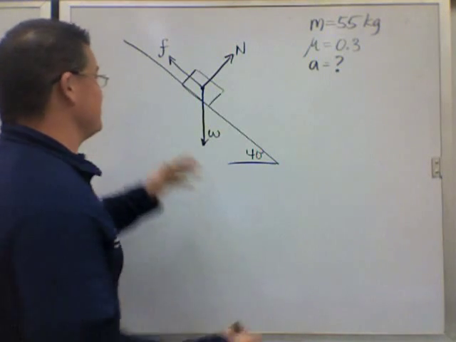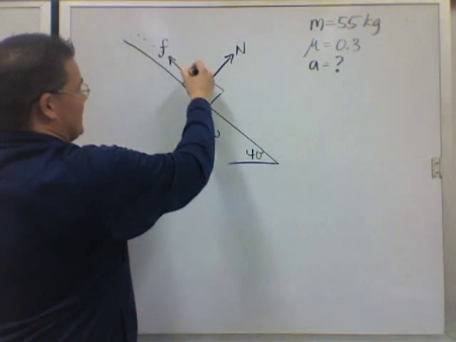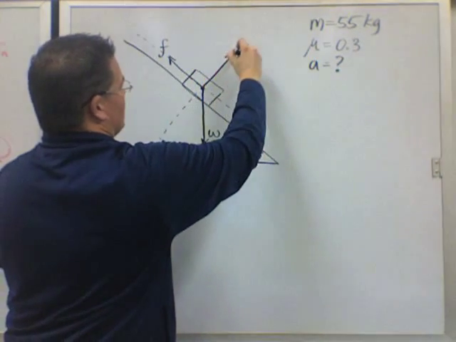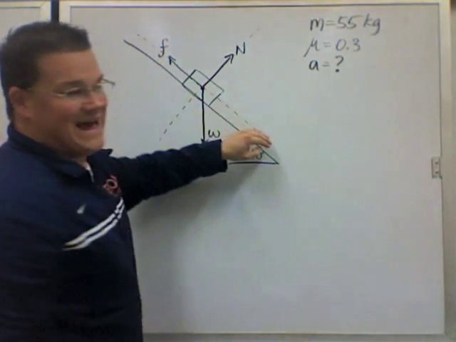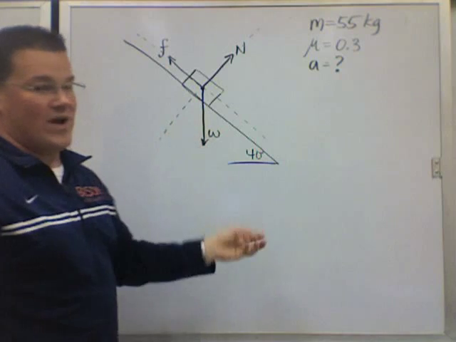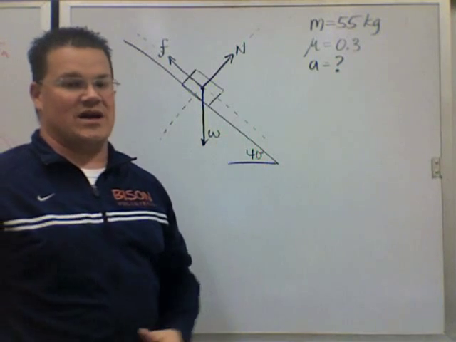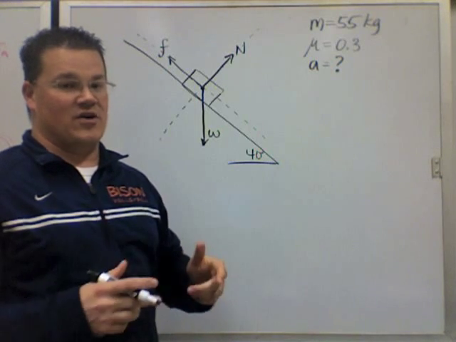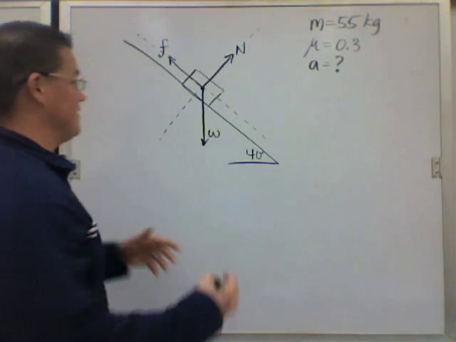Now we need to take a look at this free body diagram and look at where our x and y axis are. This would be our x-axis and this would be our y-axis. And looking at that, I find that weight is not going in the right direction. So we're going to have to break that into its x and y components. First, though, we need to actually solve for what is weight.